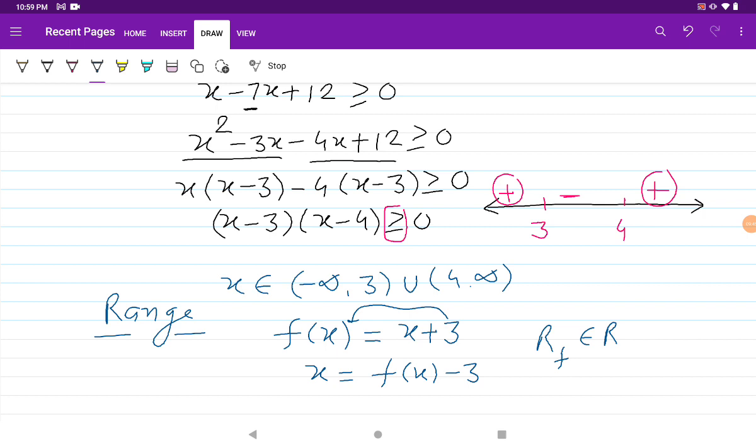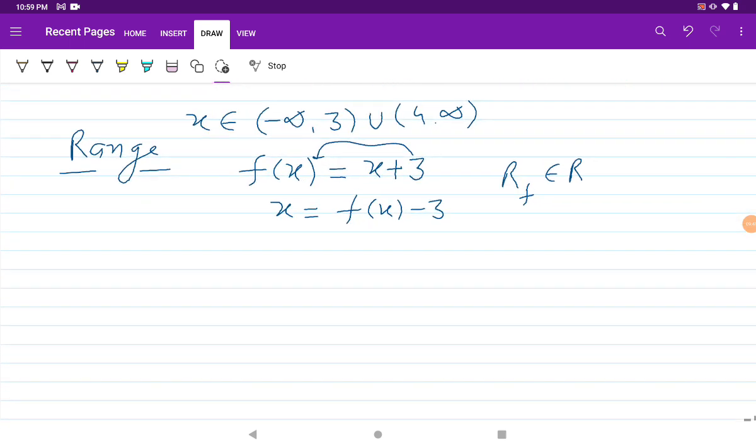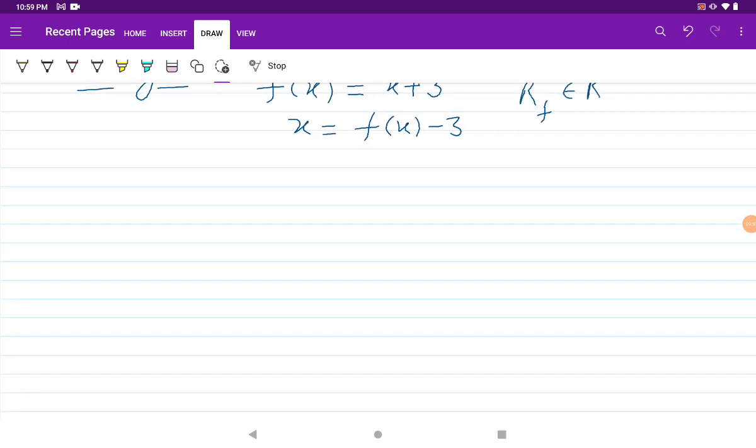But if we take the next example, suppose f(x) = x over (x − 3). If I ask you to find the range of this function, first we have to write x equal to.